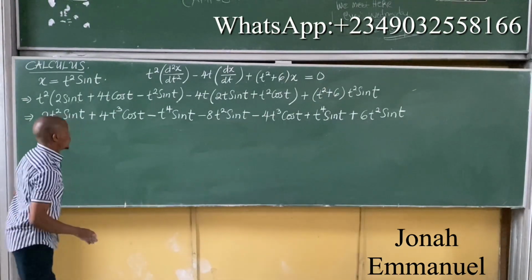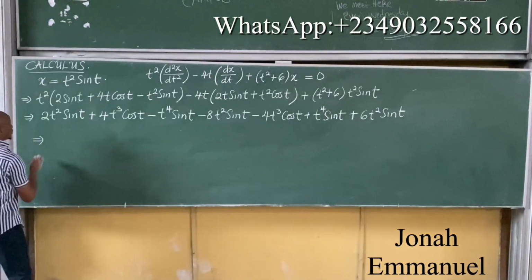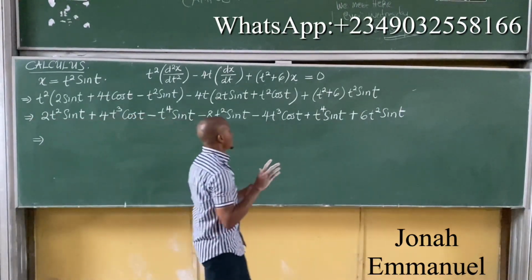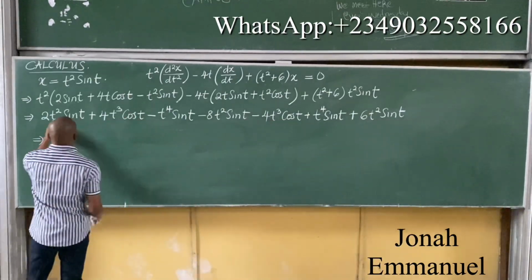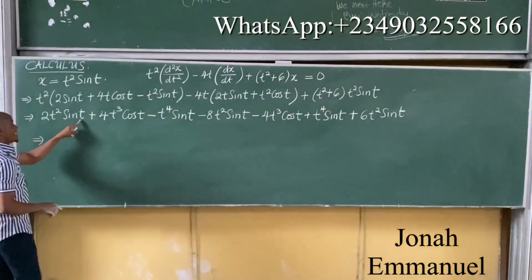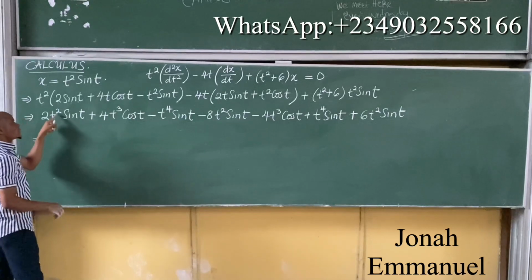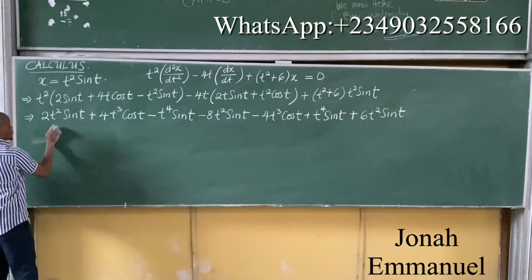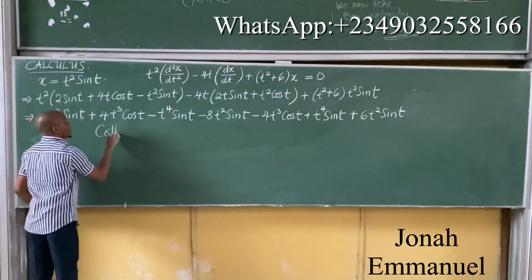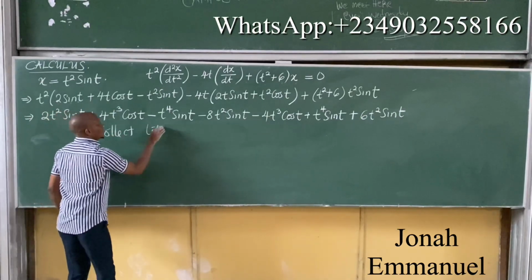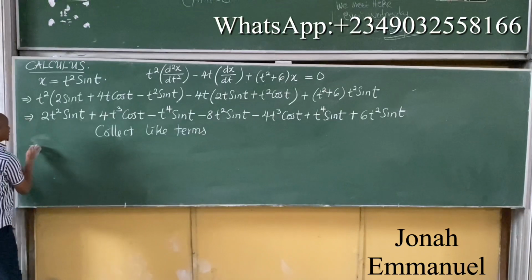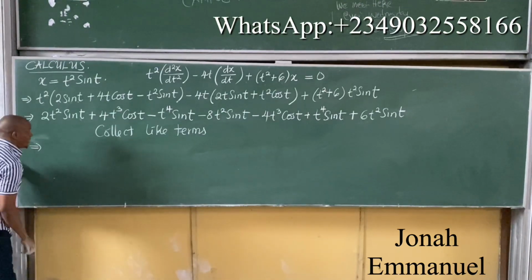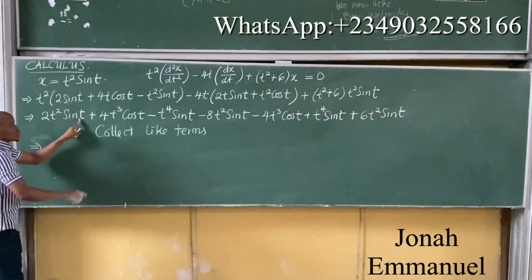So look at this. Here's how to simplify it: collect like terms. My first collectible like term is t² sin t.